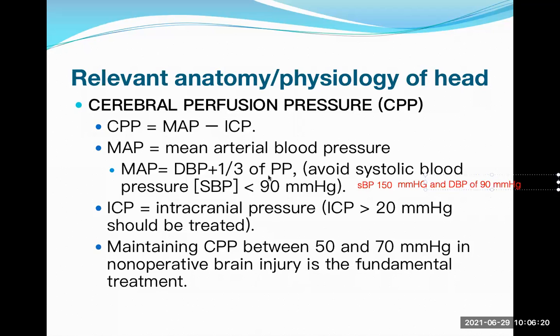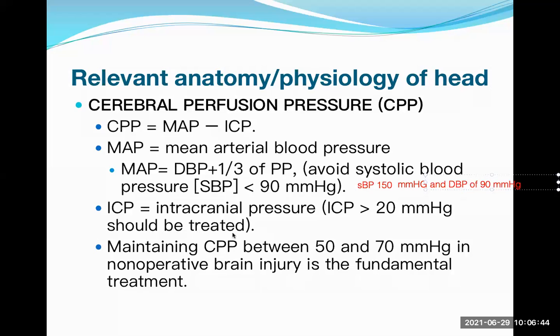Mean arterial pressure is the one which drives blood inside our arterial system. It is the driving force of the blood inside the arterial system. Now, intracranial pressure is the pressure present inside the cranial cavity, and if it is more than 20, we should be careful.